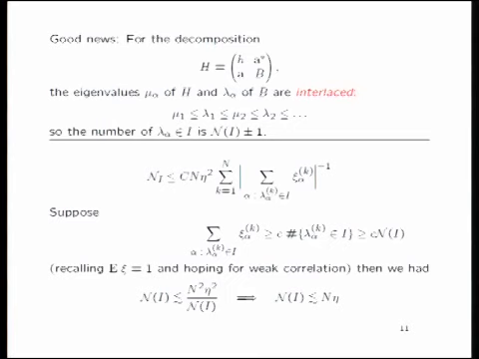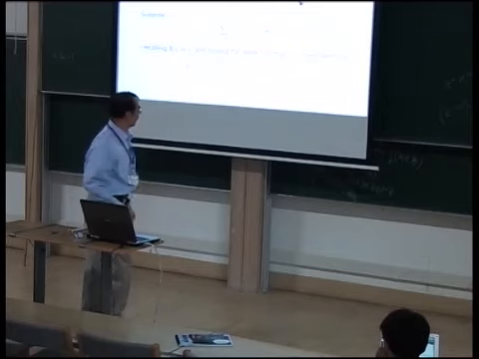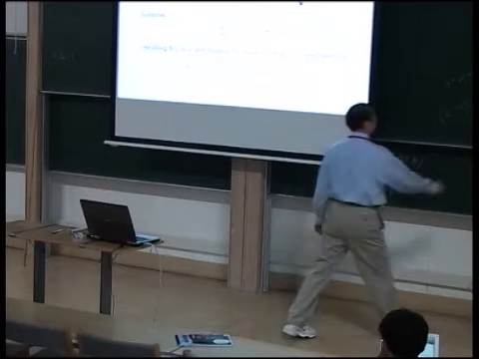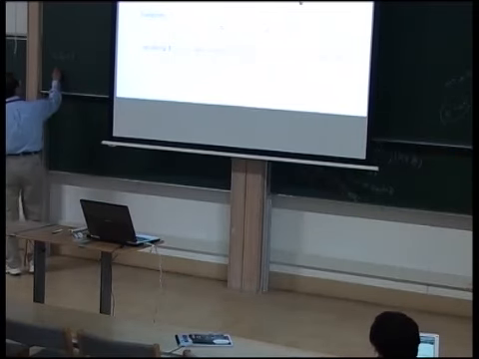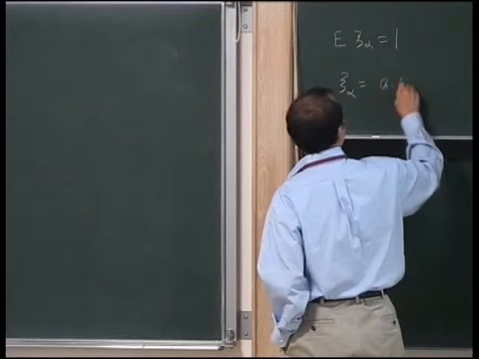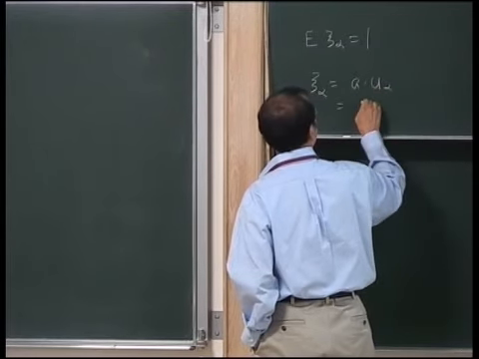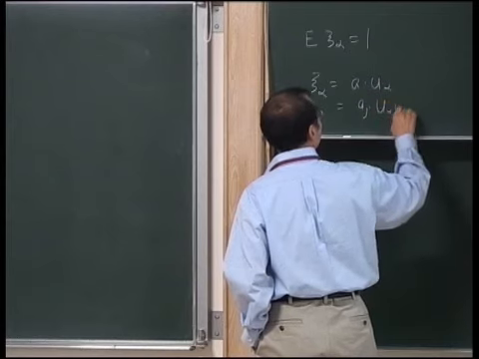But on the other hand, these C alpha are dependent. You can see this by looking at what C alpha looks like. It's A times U alpha, the inner product, so it's the summation over j of A_j times U alpha of j.